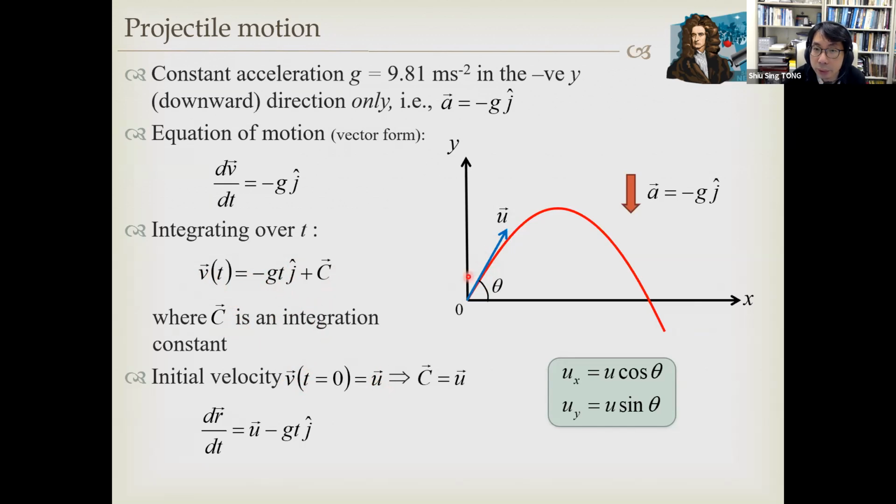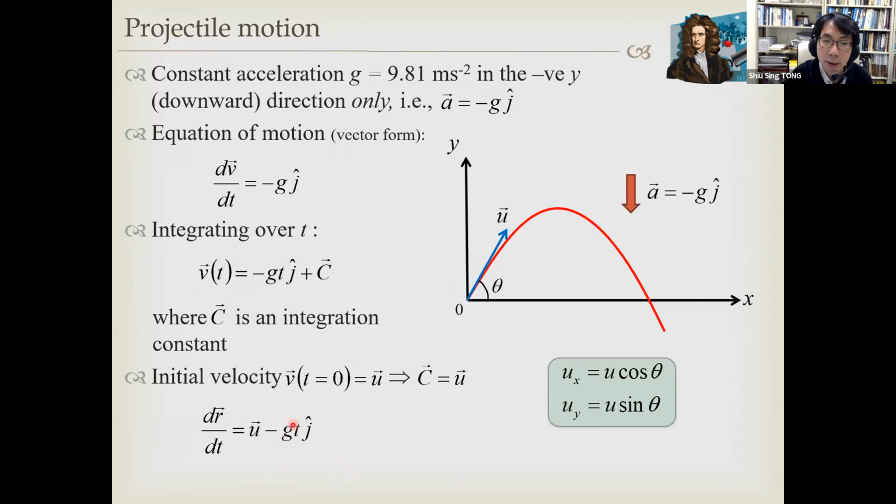The initial velocity u is at an angle. It's described by the vector u. So that means my u is actually equal to c. And so now I have the velocity equal to u minus gtj.